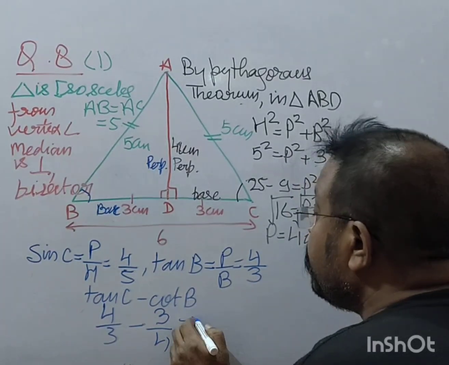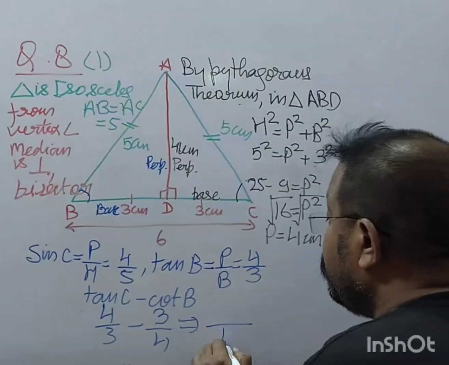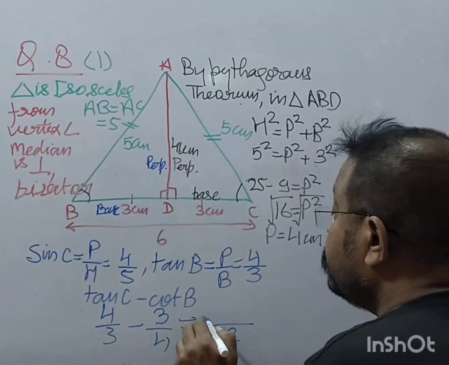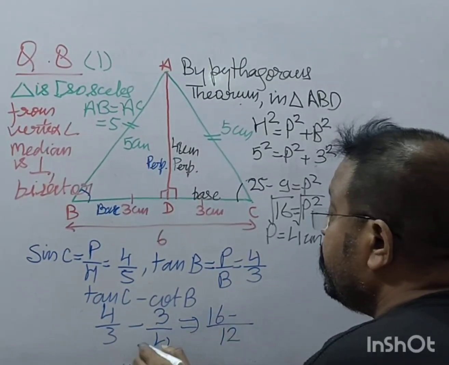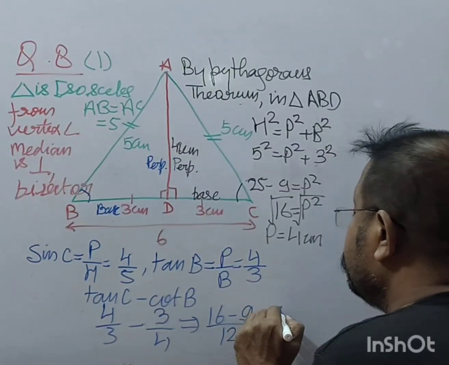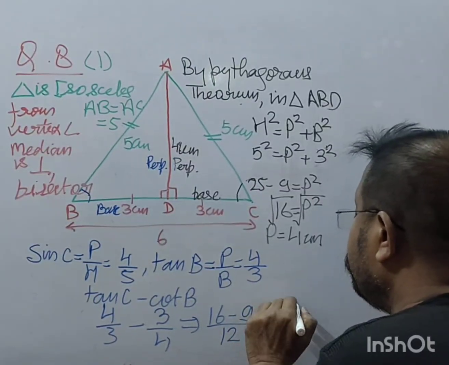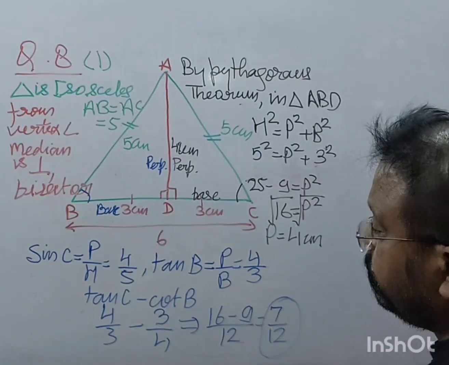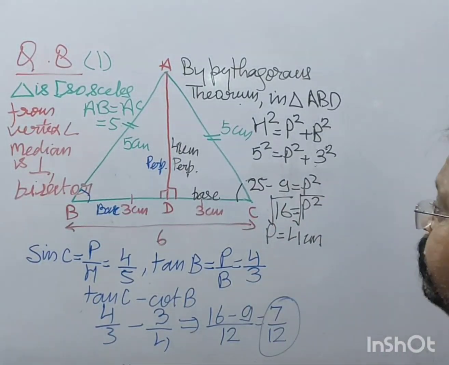So when you solve it, how much do you get? 12 is the common denominator. 16 minus 9 becomes 7 upon 12. What is your answer? 7 upon 12.